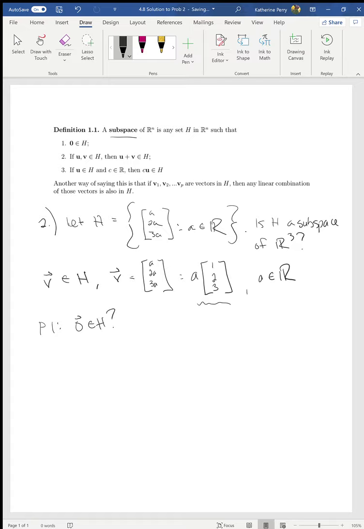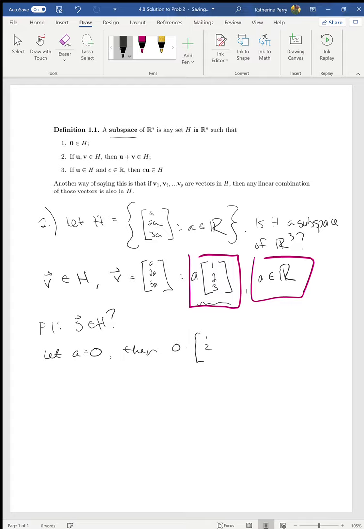Again, I'm going to use this form right here to describe all vectors in my space H. I'll say let A equal the number 0, then 0 times the vector 1, 2, 3 equals the 0 vector in R3, and that's in H. So that tells me that property 1 is satisfied.